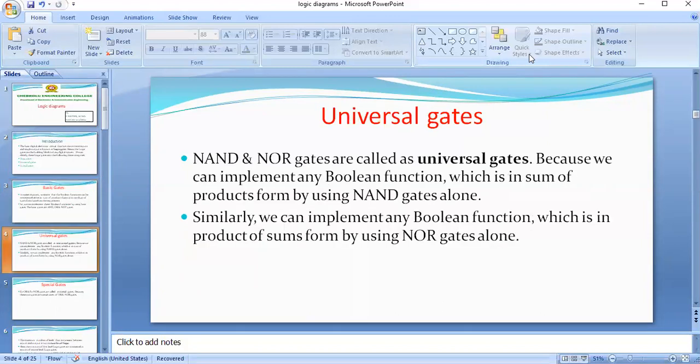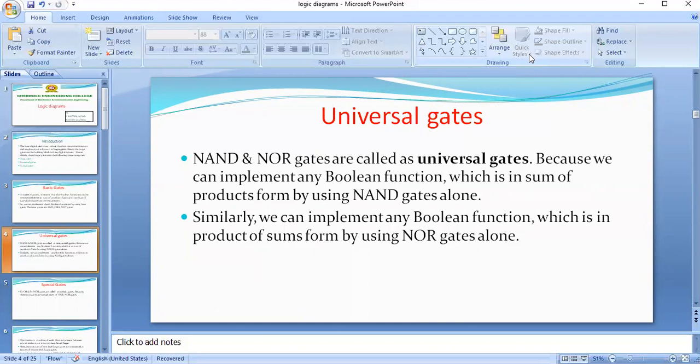And next one, universal gates. So what are universal gates? NAND gate and NOR gate are called universal gates. Why are these gates called universal gates? We can implement any Boolean function by using only NAND gates or by using only NOR gates.